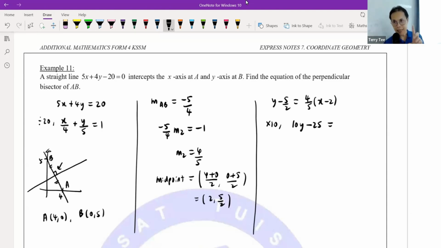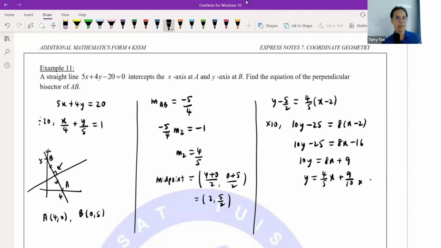So when it times with 10, picture this, there is a 10 of 4 over 5. Cut, left with 2, 2 times 4, this gives us 8 with the x minus 2. My 10y minus 25 is 8x minus 16. 10y is 8x plus 9 here. 9, right? You can divide by 10, y equals 4 over 5 x plus 9 over 10.